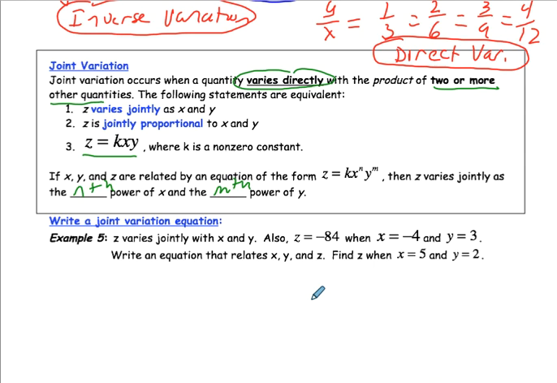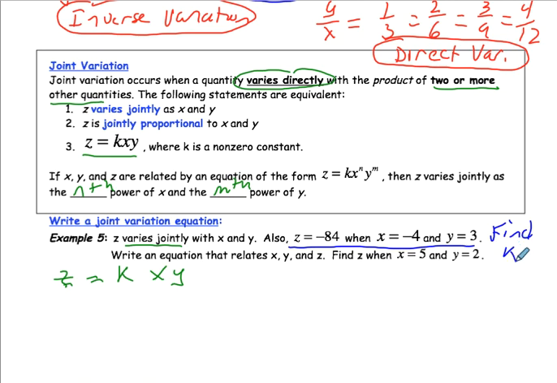So we're given that z varies jointly with x and y. So my model, my template is z is equal to k times x times y. And now we're given some information that we're going to use to find the constant. So this is the information we use to find that constant of proportionality.